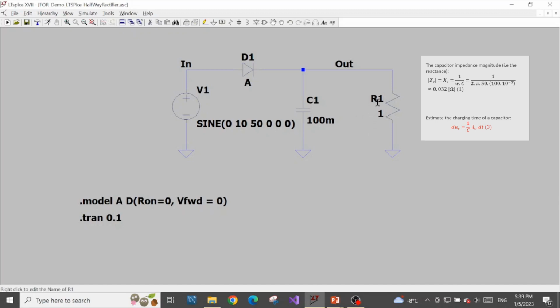But if the resistance here is much bigger than the reactance of the capacitance, then the current going through the capacitor in the charging process will be very big.